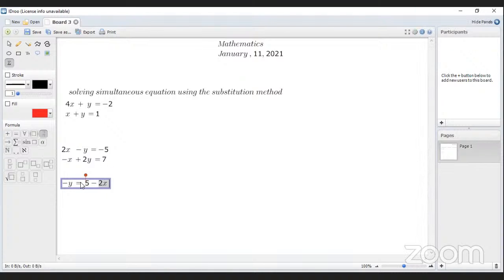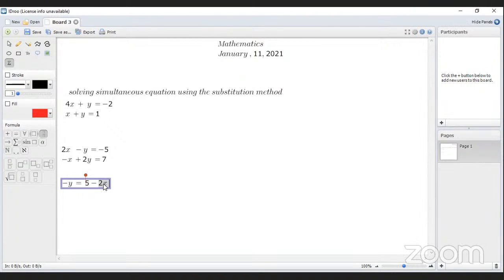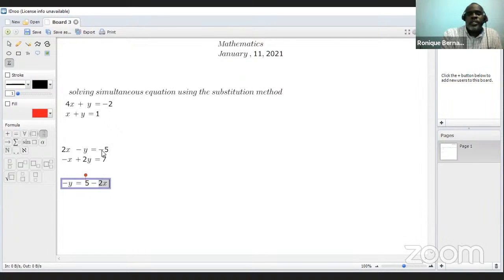Yeah. So what happened to it right here? You told me negative y equals 5 minus 2x. Yes, sir, that's what I have. So what happened to the negative 5 that was right here?